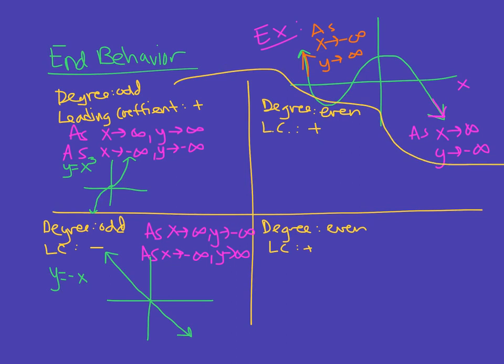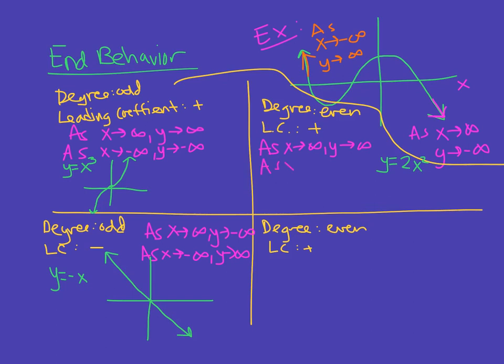So if your degree is even and your leading coefficient is positive, an example of that is if you have y equals 2x squared or something like that. The leading coefficient is positive 2, degree is 2. So for that type of equation, you're going to have all end behaviors for the y's going towards positive infinity.